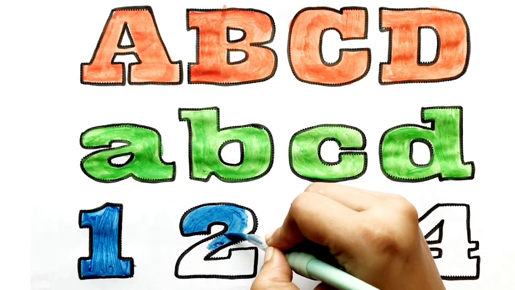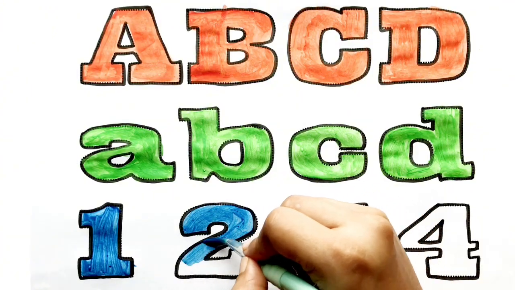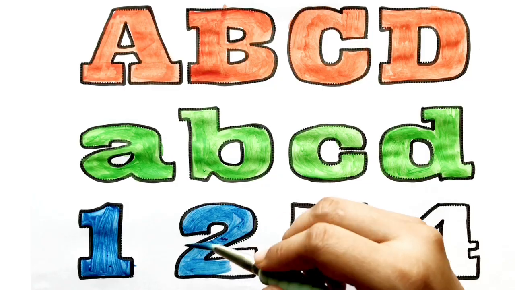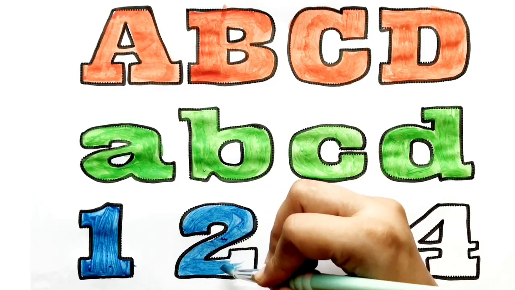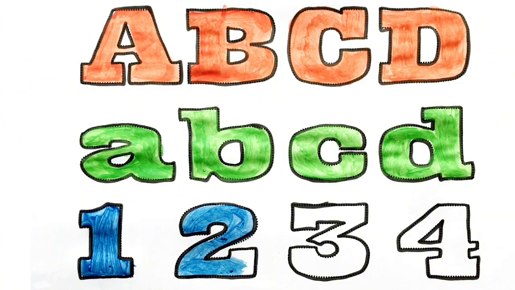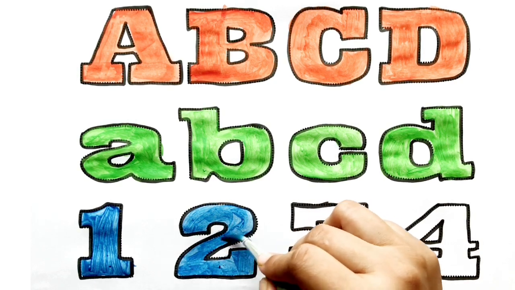G H I J K L M N O P Q R S T U V W X Y and Z. Now I know my ABCs. Next time, won't you sing with me?